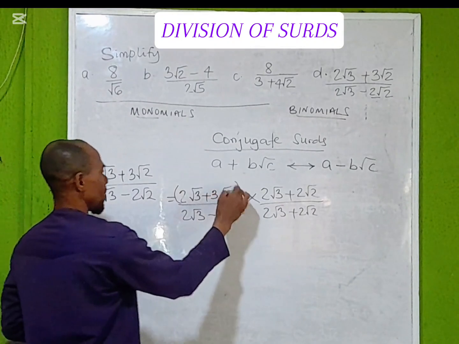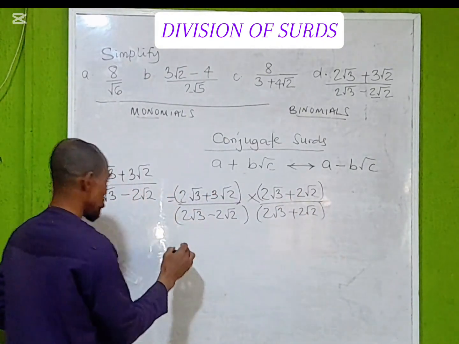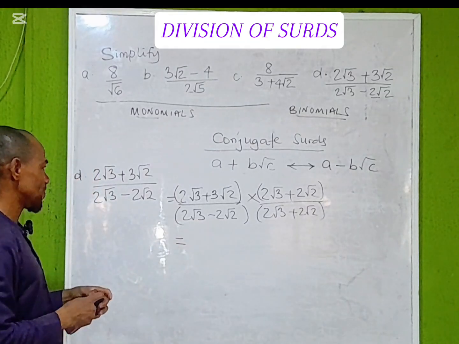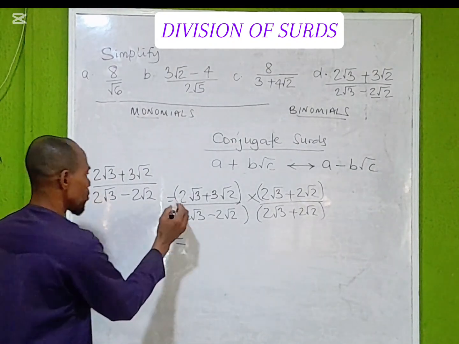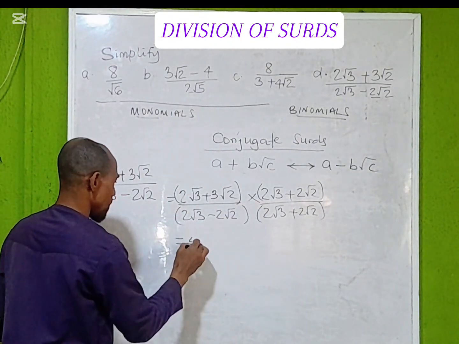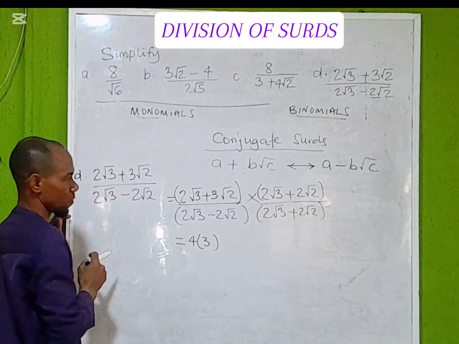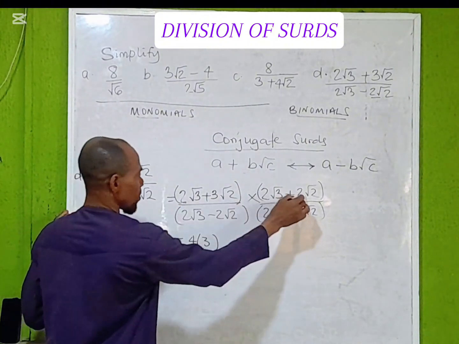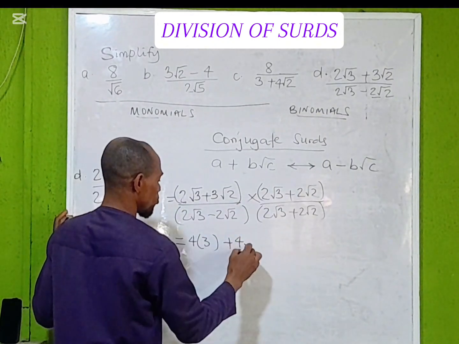So now we have a whole expansion to do here, both numerator and denominator. So carefully, we look at this step by step. So we go 2 by 2, 4. Root 3 by root 3, 3. That's the first. Then again, 2 by 2, 4. Root 3 by root 2, root 6.